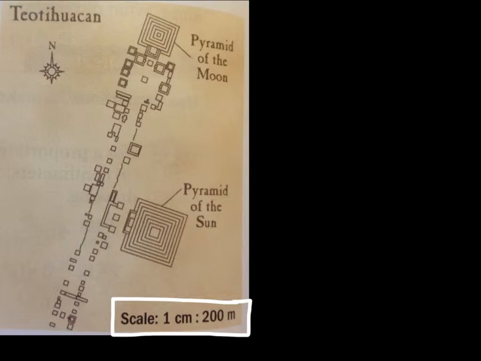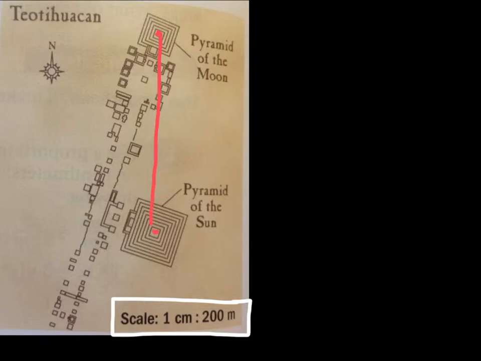So on the map, the center of the pyramid of the sun, right here, is 4 centimeters from the center of the pyramid of the moon. That may not be true on your screen, but it is true on the paper map, so go with me here.